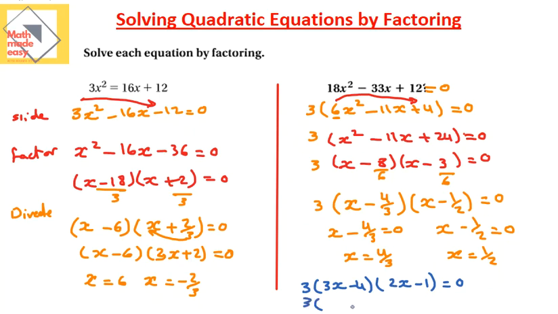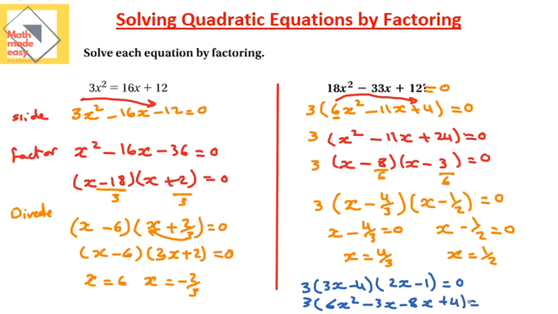So I'm going to have 3 here, and let's just start multiplying. 3x times 2x is 6x squared, and 3x times negative 1 is negative 3x, and negative 4 times 2x is negative 8x. Then negative 4 times negative 1 is positive 4.